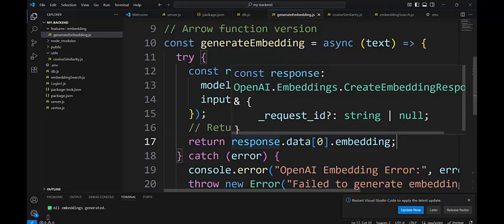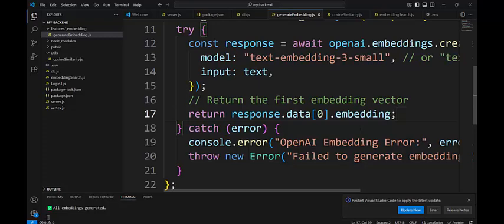There is one embedding vector, because it is index zero in many vectors. As many chunks, so many vectors, but the response data's first embedding vector. And okay, in data we will have an embedding vector after this, and we can go back.